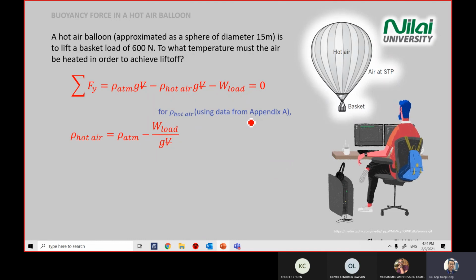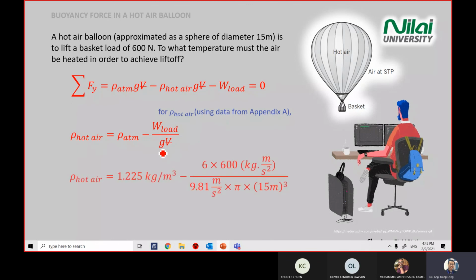At a certain temperature or certain altitude, you get a certain parameter. So we rearrange the equation above. Then we get rho hot air equal to rho ATM minus the load divided by GV.